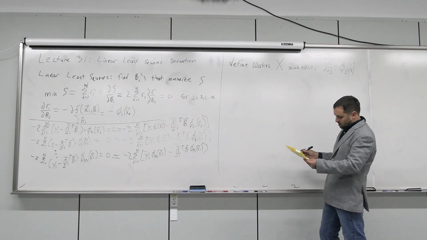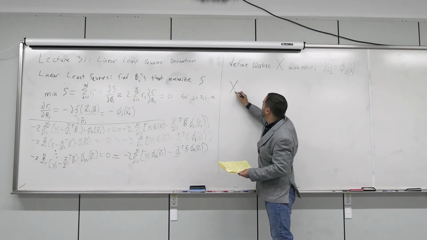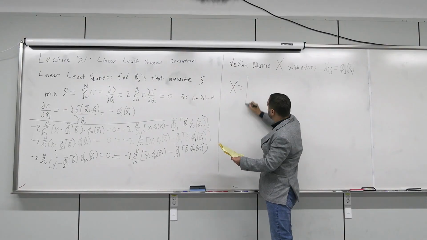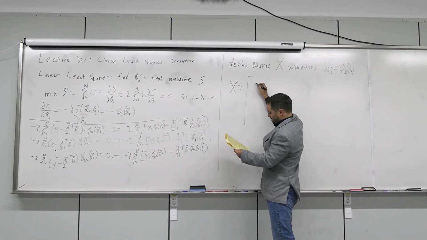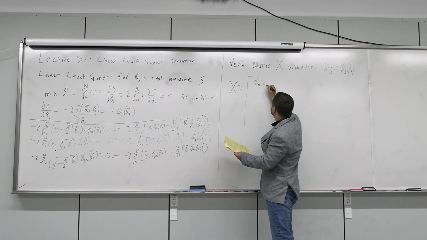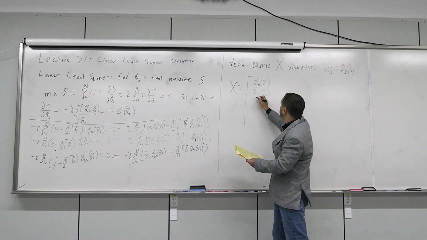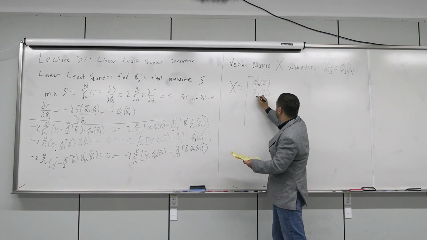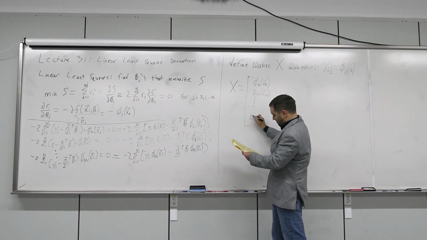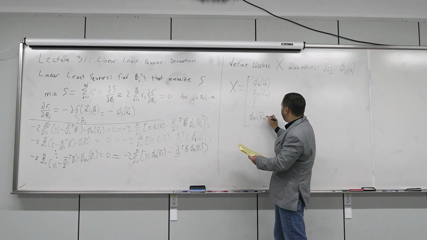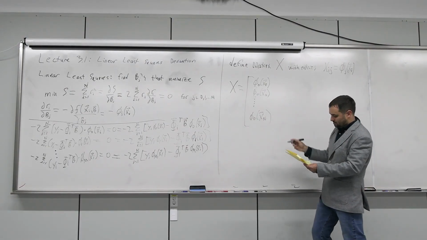And so I'm not going to write out the whole matrix for you. The first column will be phi naught evaluated at x1, phi naught evaluated at x2, and then phi naught evaluated at xn, because we have n data points.